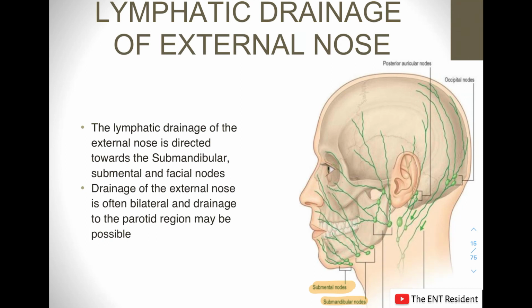And drainage of this external nose is often bilateral. Drainage to the parotid region may also be a factor. So, the lymphatic drainage is to the submandibular, submental, and facial nodes, and sometimes to the parotid region, and this is often bilateral. So, this completes everything you need to know about the external nose.